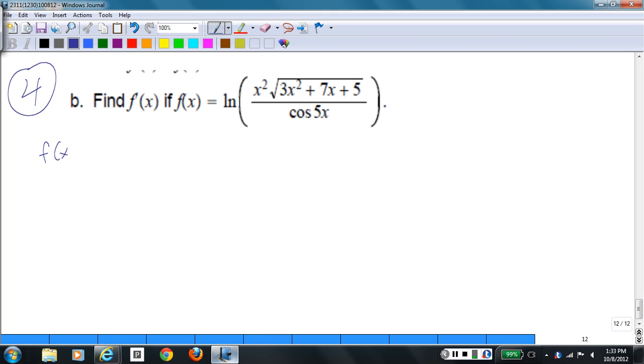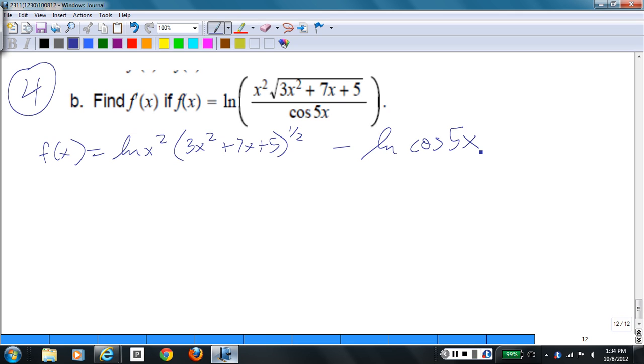F of x equals the natural log of x squared times 3x squared plus 7x plus 5 to the 1/2 minus the natural log of cosine 5x. So the log of the quotient equals the difference of the logs.